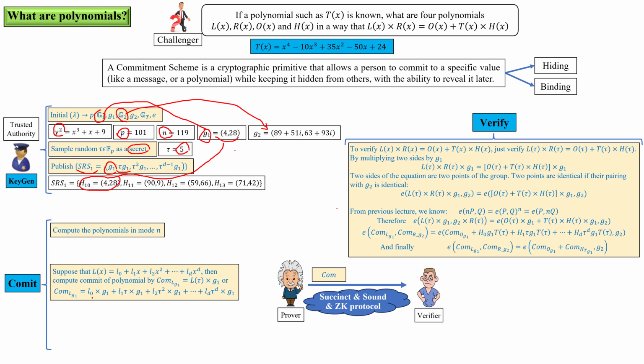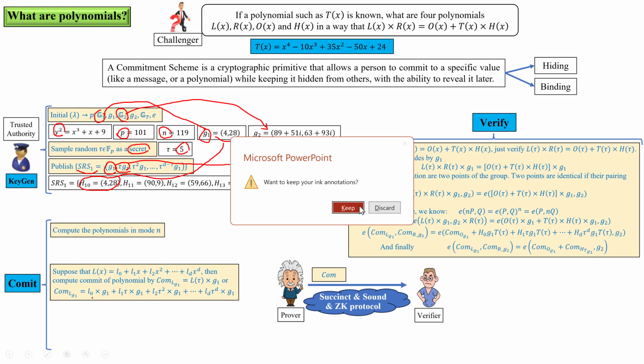So this one equals 5 times 4 and 28. So what is the multiplication of 5 with the point 4 and 28? This is the scalar multiplication in elliptic curve, right? We can use our website to compute this multiplication.